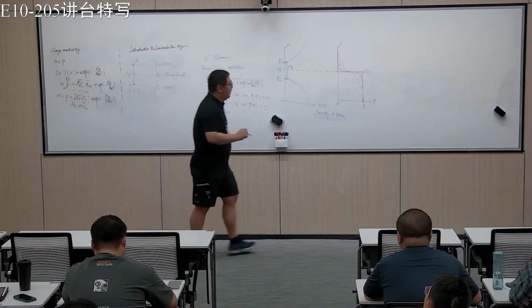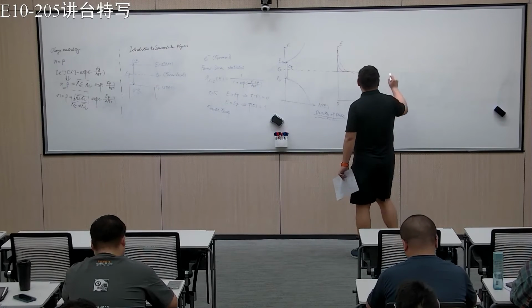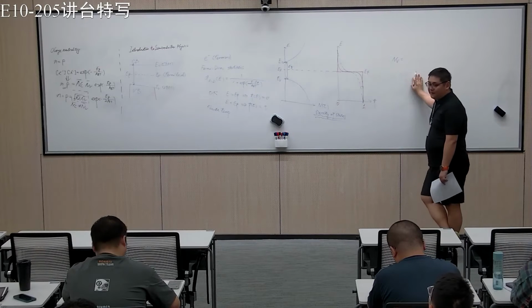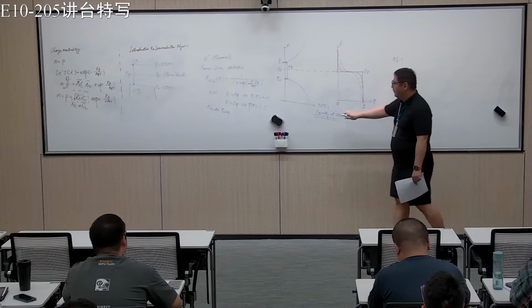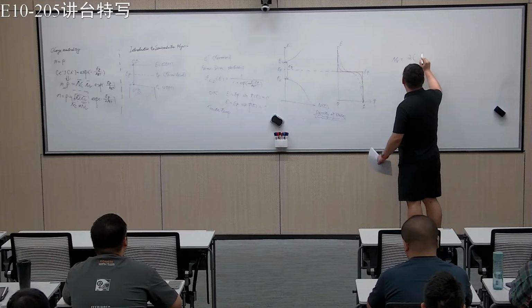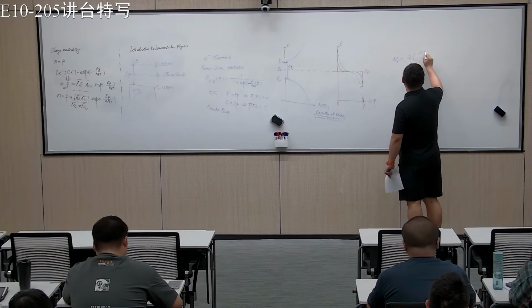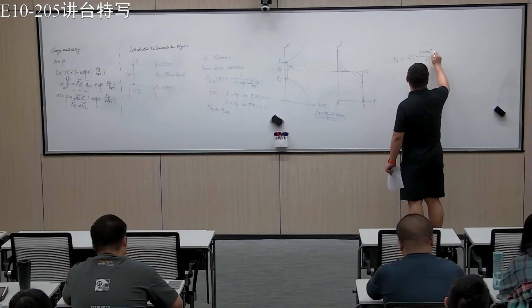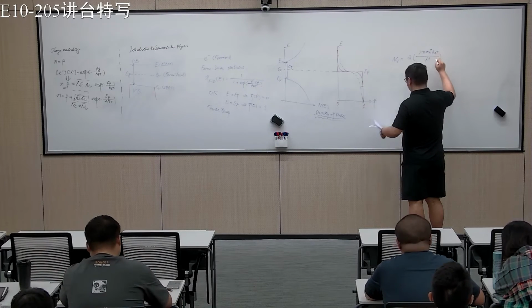So band theory tells us the density of states in the valence band, this function here, looks something like this. Let me write it. I'll explain what that means later.